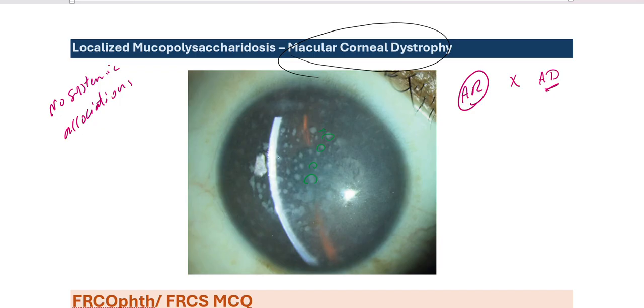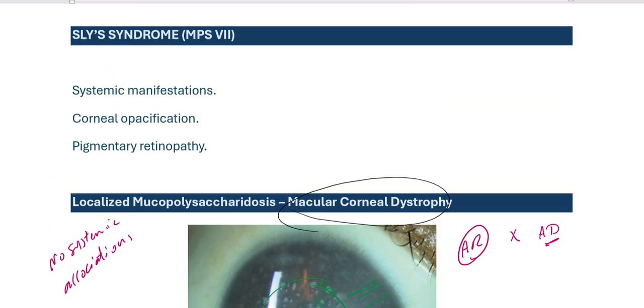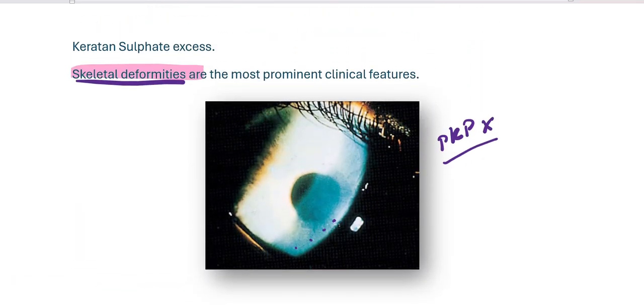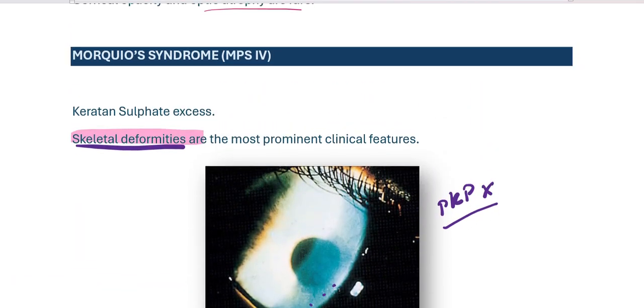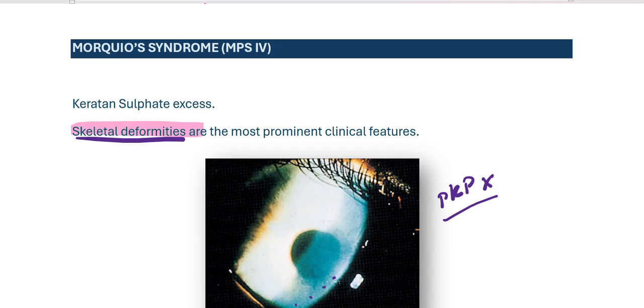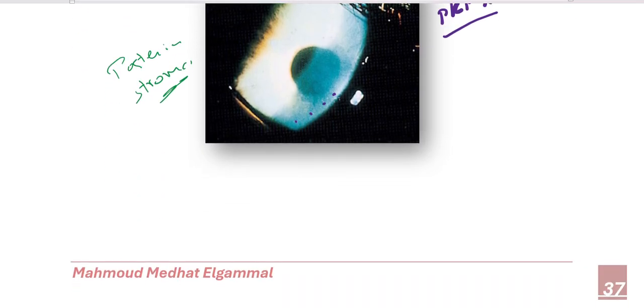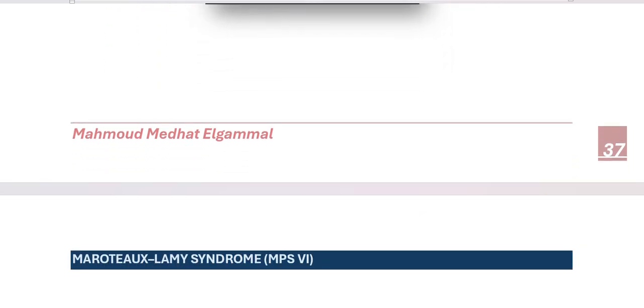Pathologically, they are in the anterior stroma in the center, and peripherally they involve all layers of the cornea. This is in contrast to Morquio syndrome, for example, where it's more common in the posterior stroma. It's not high-yield information, but just for you to compare between each entity while studying.